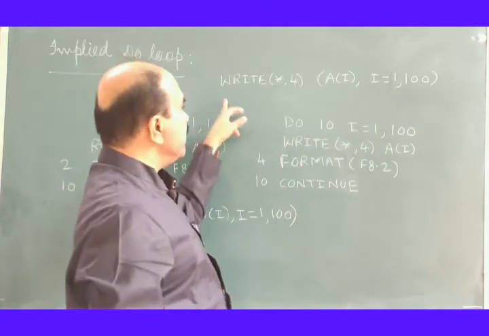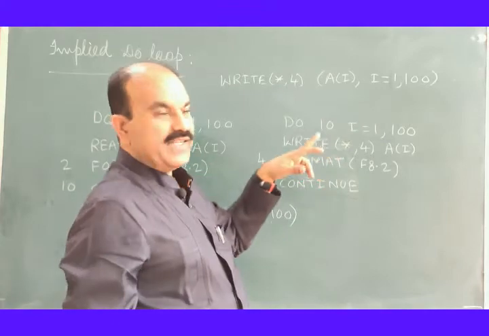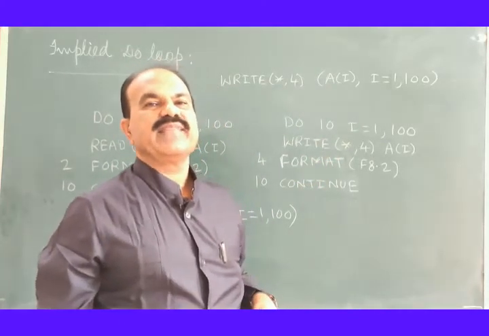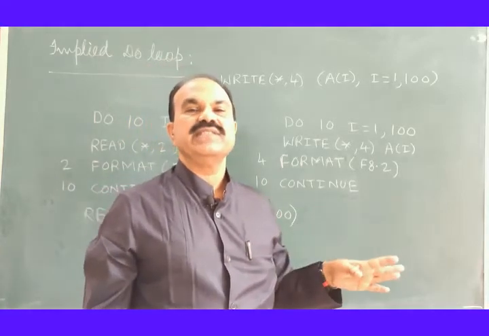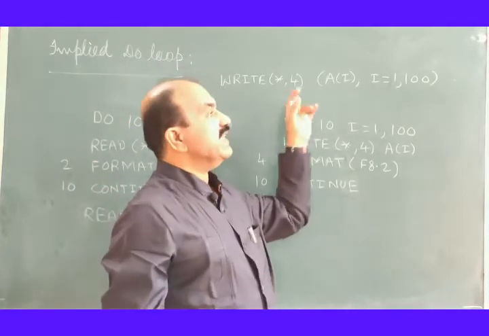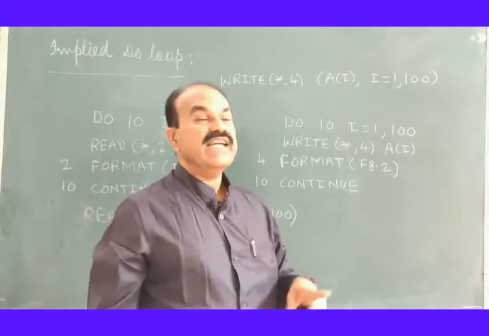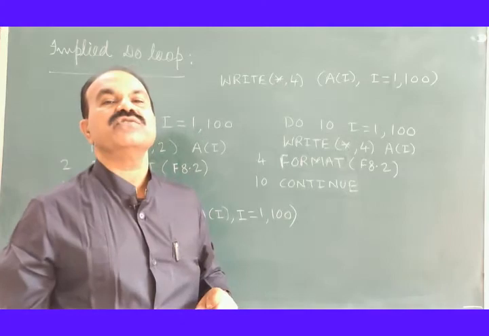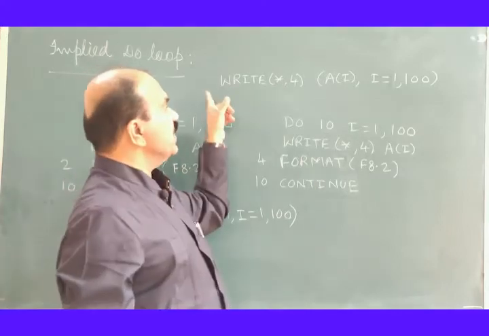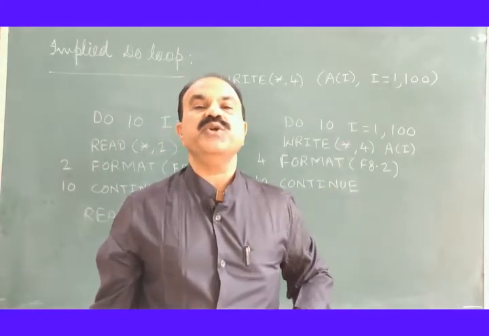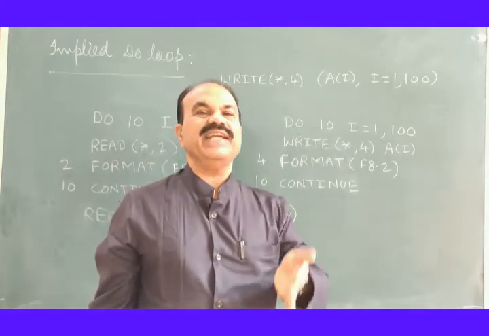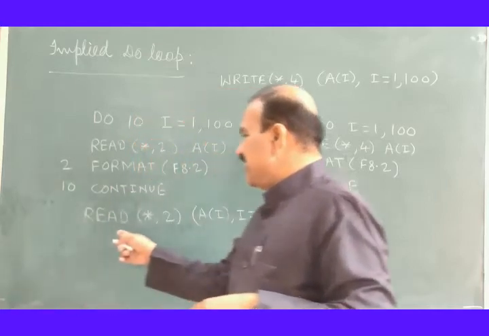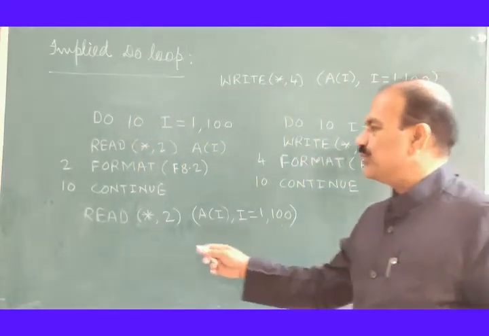Search for a do loop in this statement, and you will find that there is no do word, there is no do loop in this statement. Still, this statement does the function of a do loop, and therefore this is the implied do loop for writing or printing elements of an array.